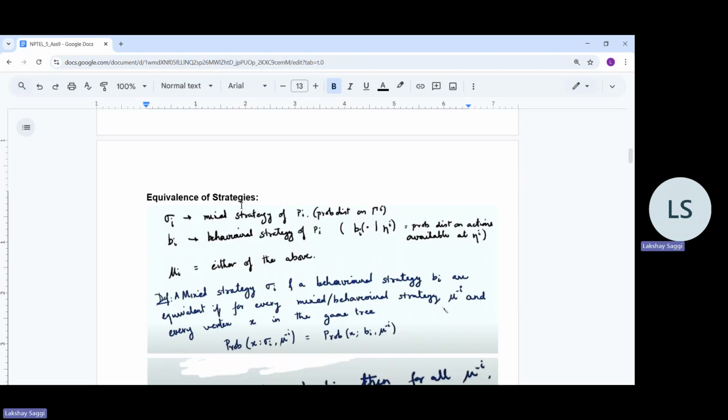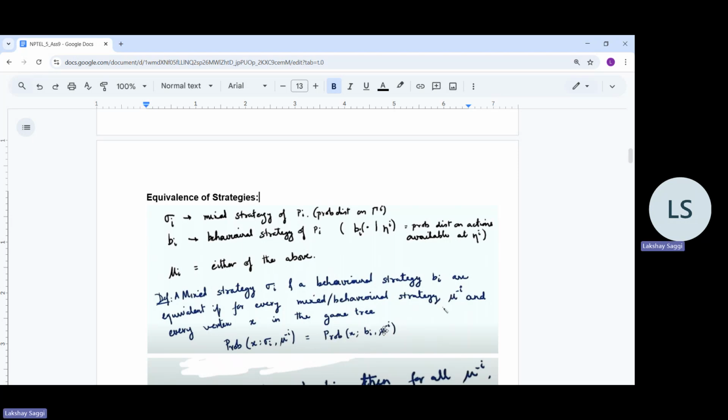So this is the high level intuition, and this is the actual definition also. A mixed strategy sigma I and a behavioral strategy bi are equivalent if for every mixed or behavioral strategy mu minus I of the other players and every vertex x in the game tree, the probability of reaching x if the player is playing sigma I should be equal to the probability of reaching x if the player is playing bi.